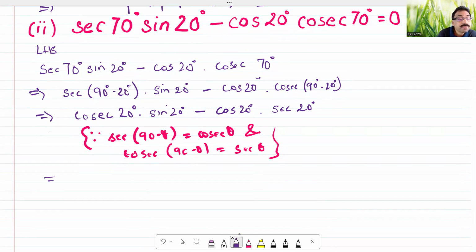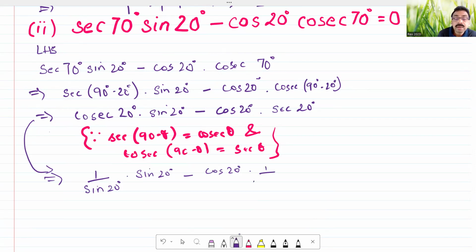So here, cosec 20 degrees into sine 20. What is cosec? Cosec is 1 by sine. So instead of cosec 20, I'm writing it as 1 by sine 20 into sine 20, which is already there, minus cos 20. Let's keep it as it is, into sec 20.